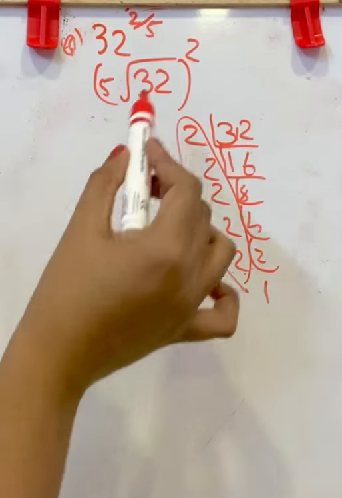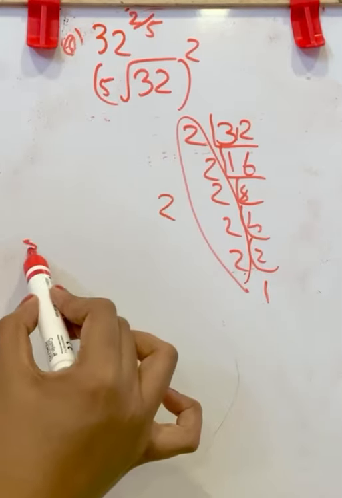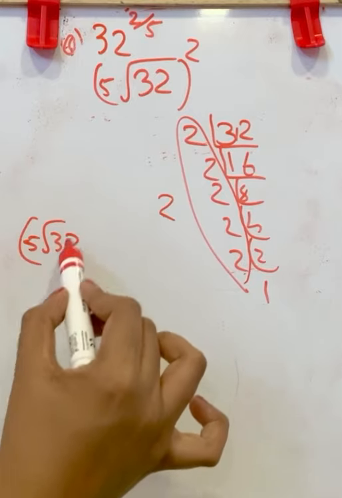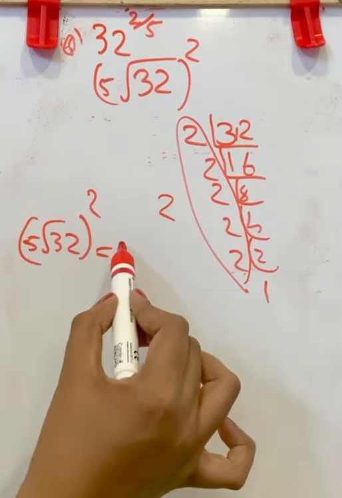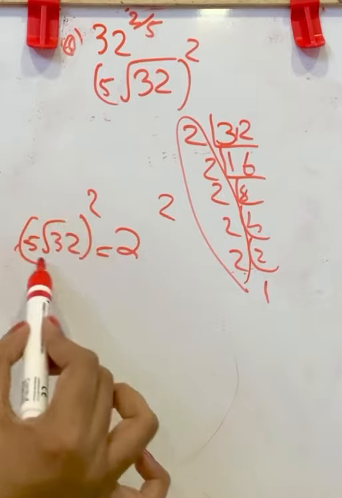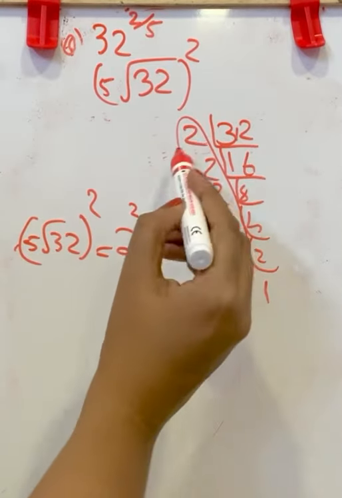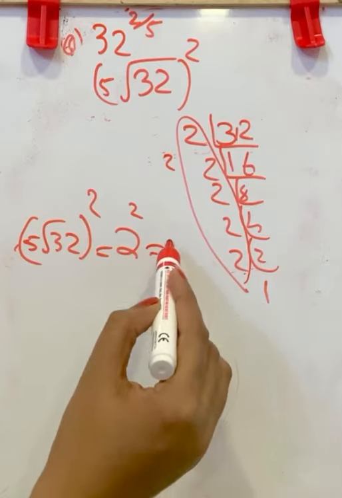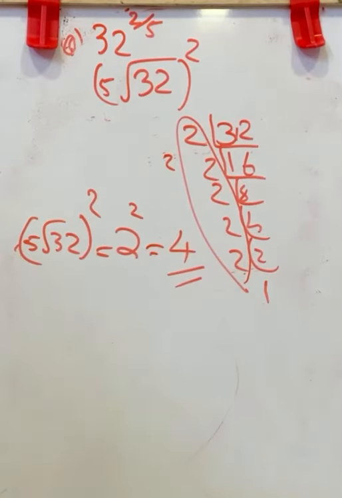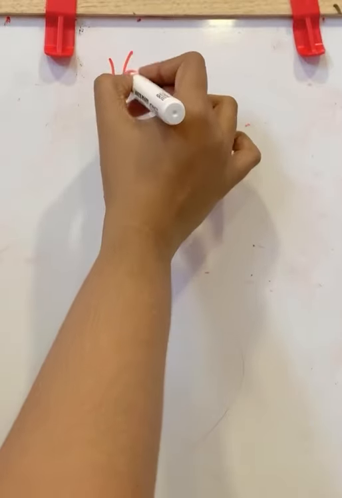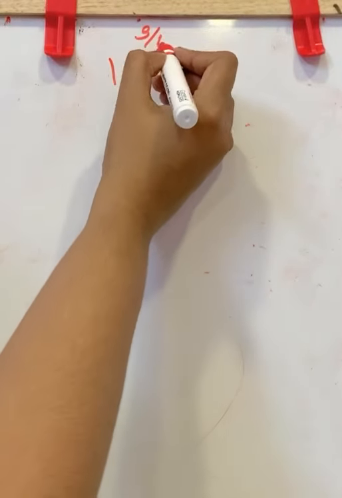That is fifth root of 32 is 2. Fifth root of 32 raised to 2 is equal to 2 square, which is 4. So fifth root of 32 raised to 2 means 4. Next is 16 raised to 3 by 4.